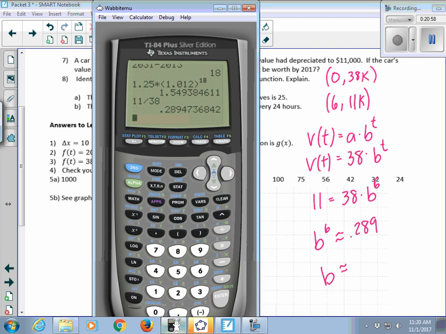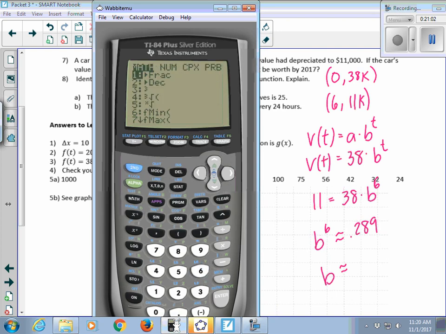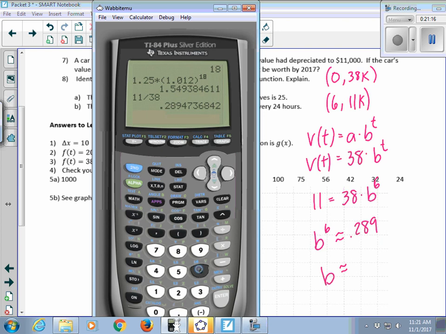So the 6th root I could get by typing 6, and then in my math menu there's an xth root, option 5. So I want the 6th root of the previous answer. That didn't work. 6th root of 11 over 38. And I get 0.813.